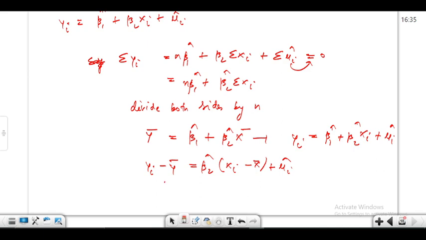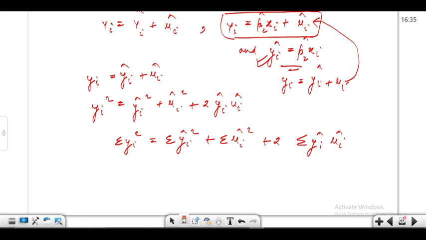So this is basically your small yi, and this is your beta 2 hat small xi plus ui hat. This is also called the deviation form of your regression model. So this is what I have used here, and from there I'm calculating these things. Just keep this in mind.